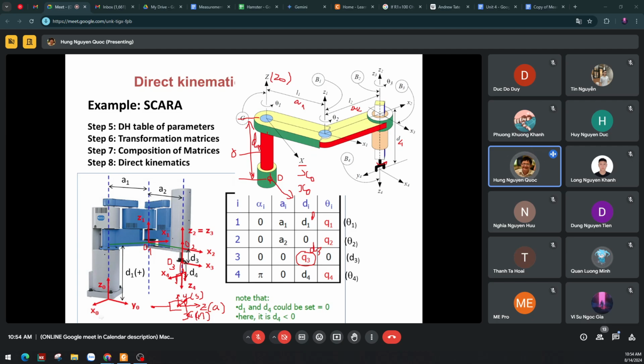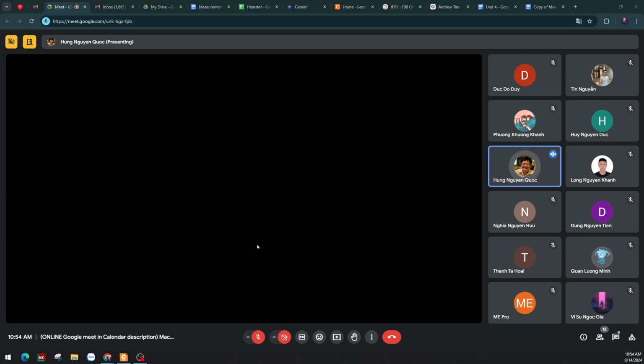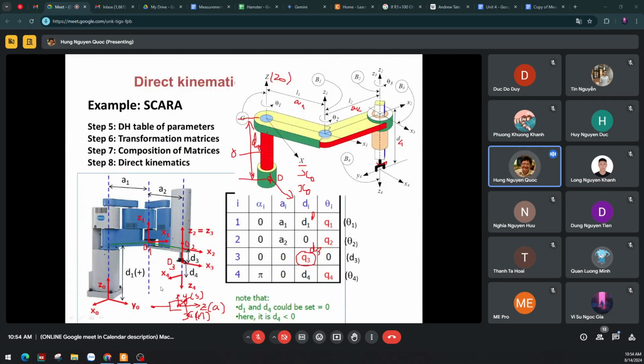In this case, we will have here this is frame 4, right? If I put the gripper here, if I put the gripper like that, then it should be like this one.